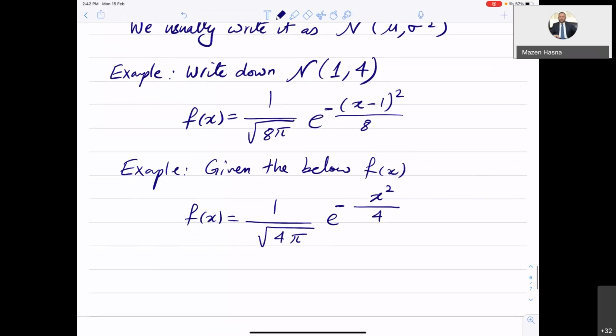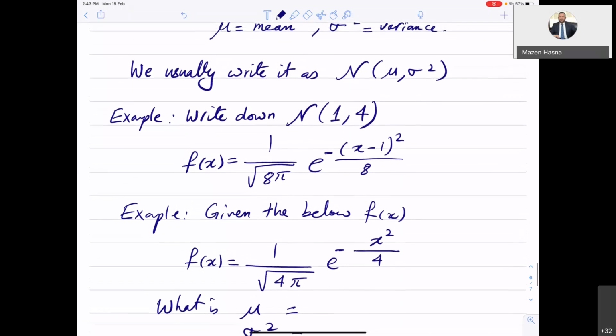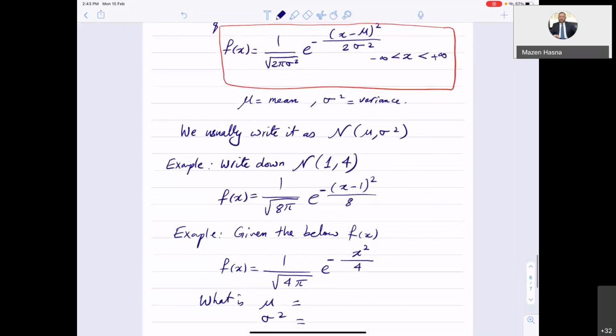And I ask you what is mu and sigma squared. Looking at the equation, what's the mean of this normal random variable? 0. Just compare this to the general form.